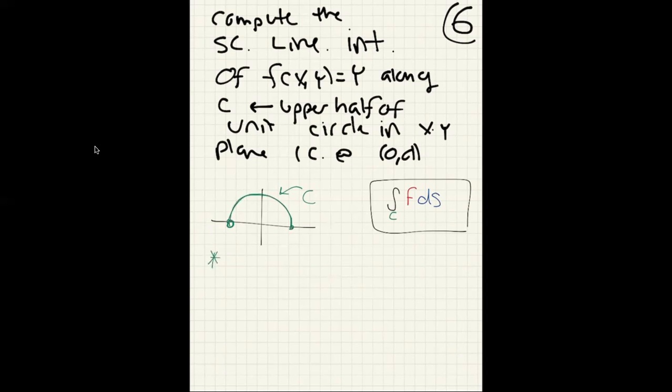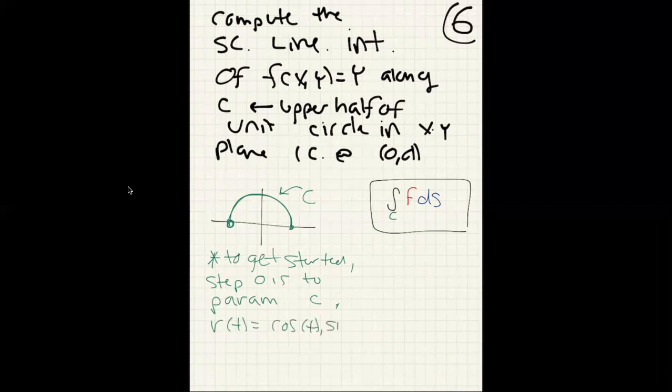Here's a good thing to note: to get started, always step 0 is to parameterize C. This is something we've spent some time with a few months ago, but a good parameterization is r of t is cosine of t, comma, sine of t.